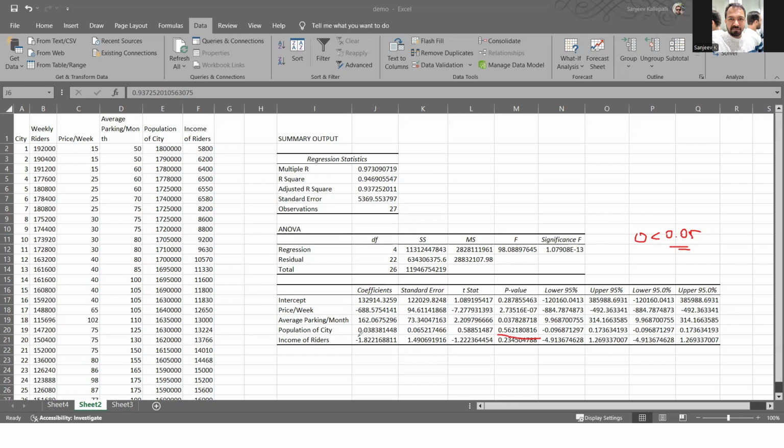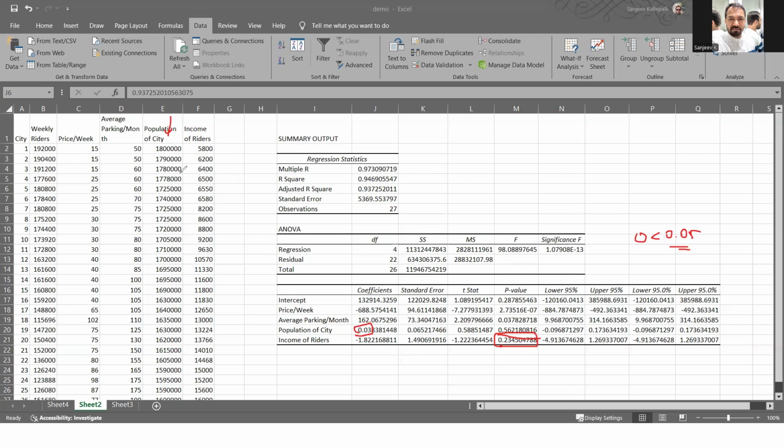Okay, that is why it is having the lowest beta. And similarly for income of riders, here also it is not significant. It is having 0.23. So these are the common issues that we find in multiple linear regression. So just try to convert this to a better scale, or maybe not have this in the model at all.